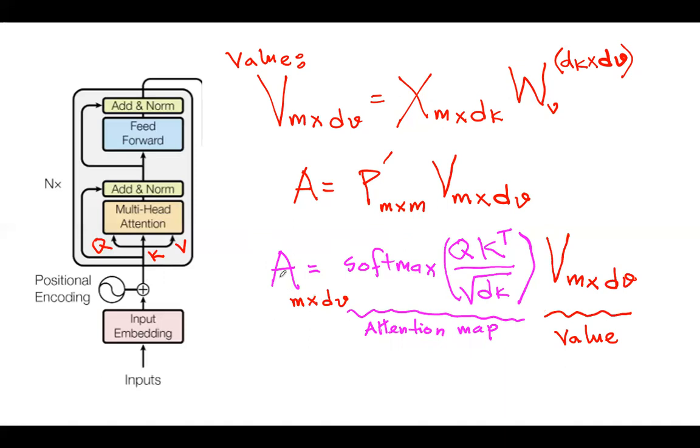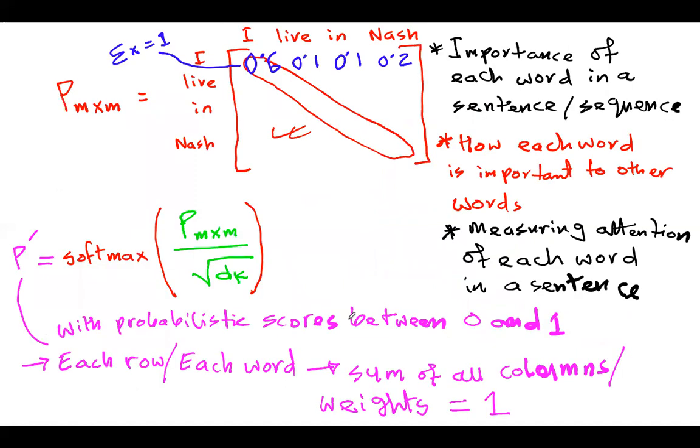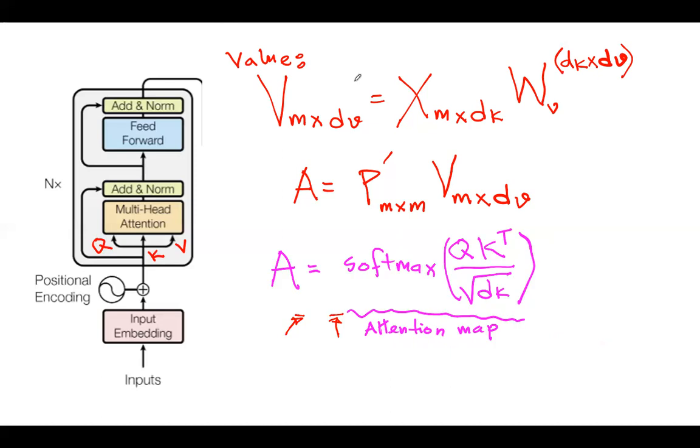And as you can see, the dimensionality of A matrix will be M times d_v. So here, each of the M words will be represented by a d_v dimensional feature vector. But the good news here is you're also injecting or infusing the attention information by using the relative importance score through this matrix multiplication.